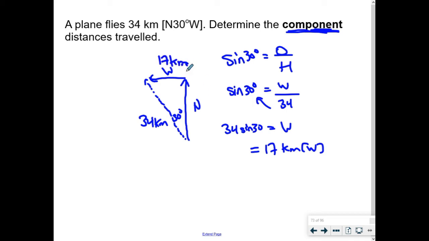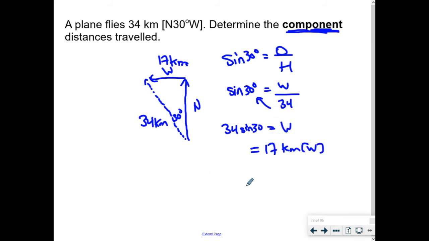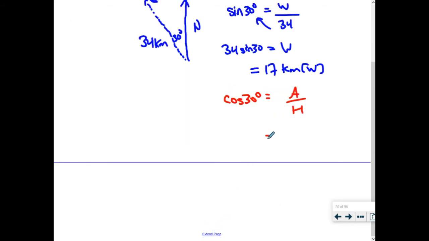But we've also traveled some north component as well. And that would come, pardon my cough, hopefully I didn't scare you guys there in the video, that would come from cosine. If you did this, cosine of 30 degrees, that would be the adjacent over the hypotenuse. Now in this particular example, your adjacent is going to be the north, and your hypotenuse will still be the 34.